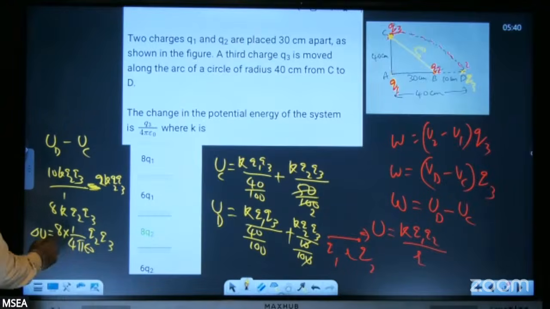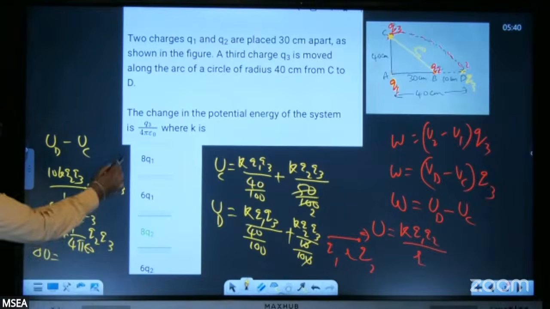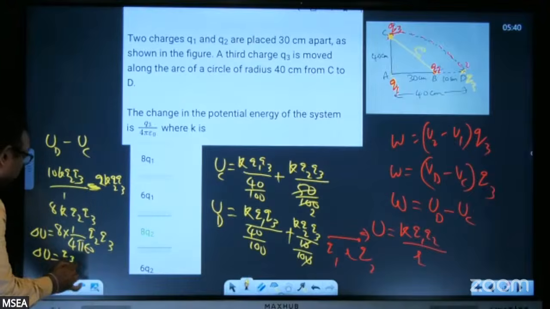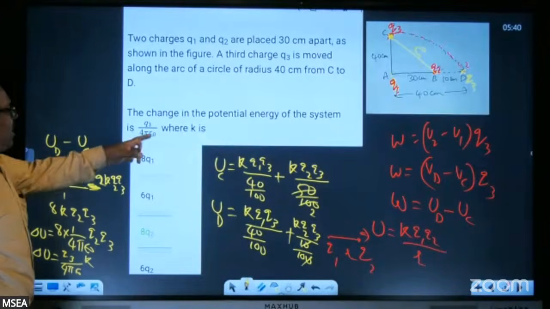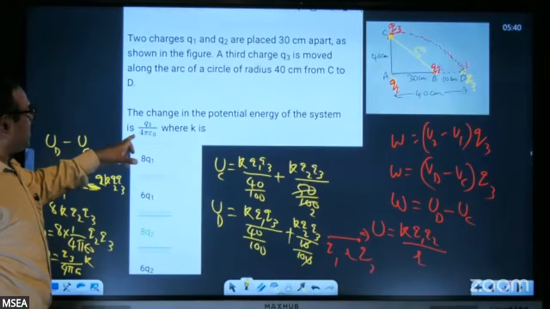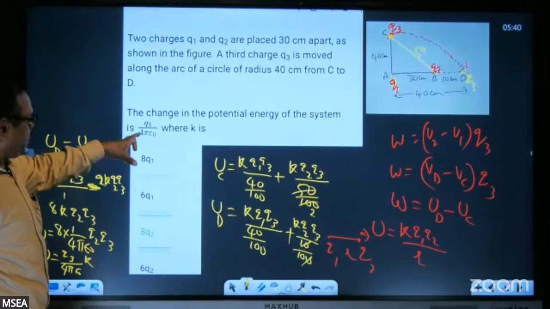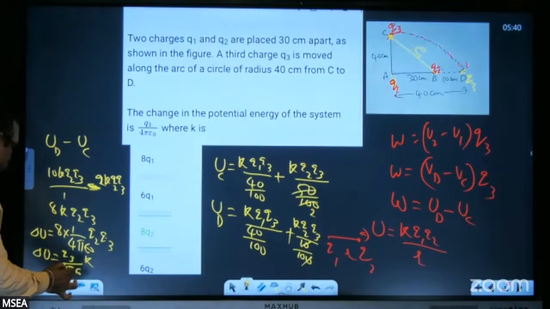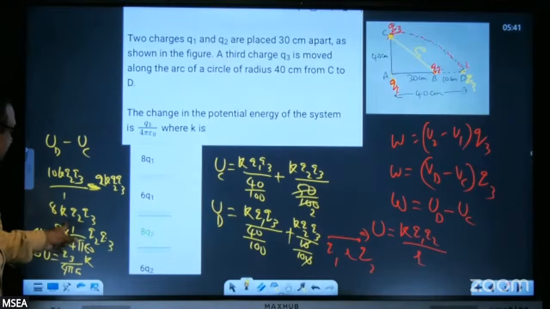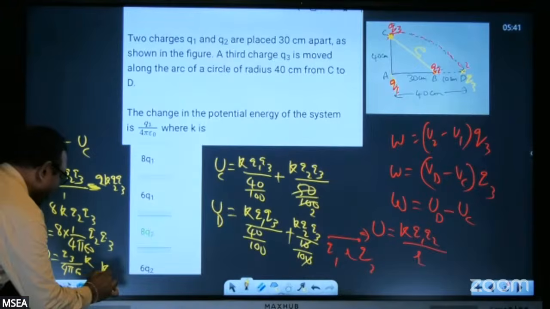If you compare with this, the change in potential energy given in the question is Q3 by 4 pi epsilon naught into K. Q3 by 4 pi epsilon naught means K, so we get 8K Q2. Therefore, comparing, we get 8Q2.